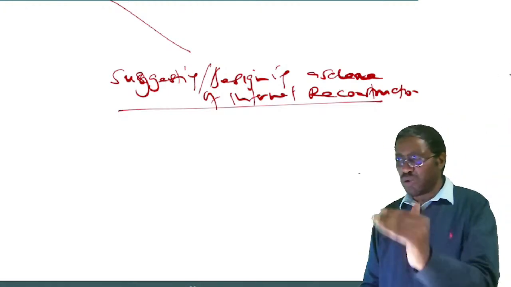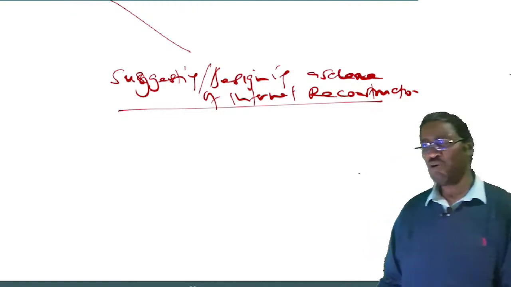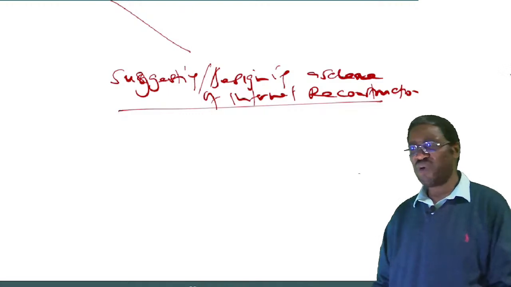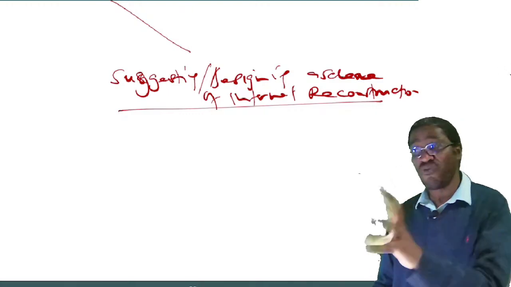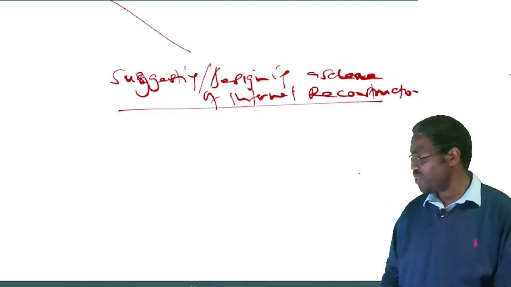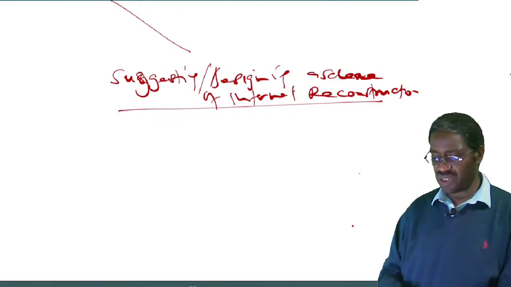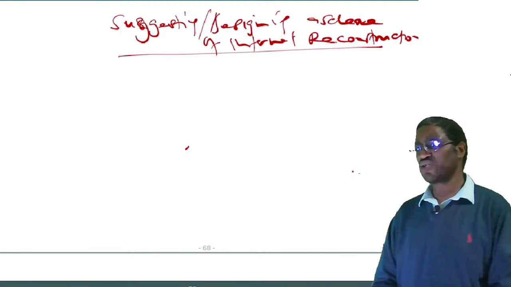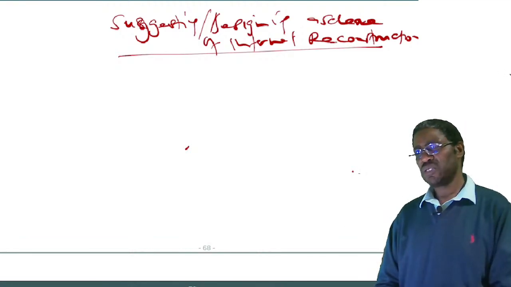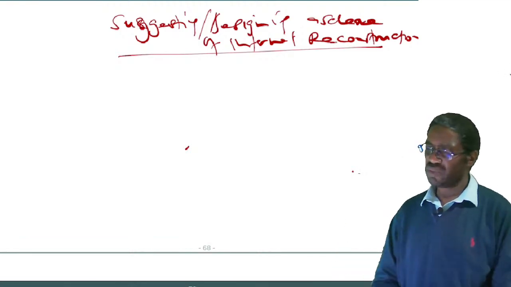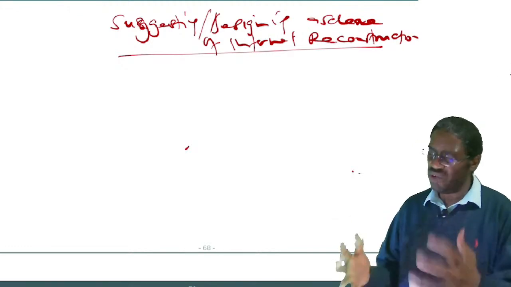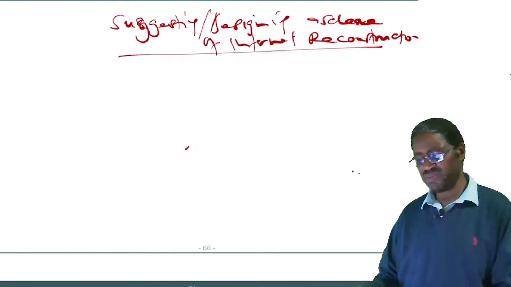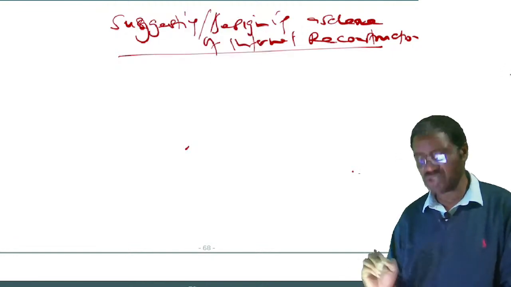I may not be able to finish the discussion of this, but I just want to give you an overview of how you go about it, because today was just a promotional class. Now, as a person appointed to reconstruct this company, you have to come up with a scheme. So what are the steps that you will follow in designing a scheme of internal reconstruction?